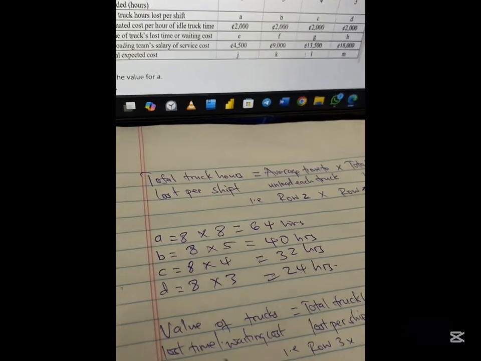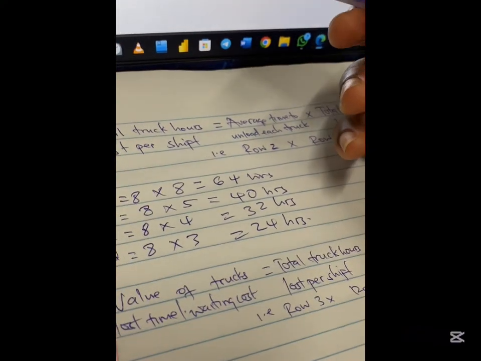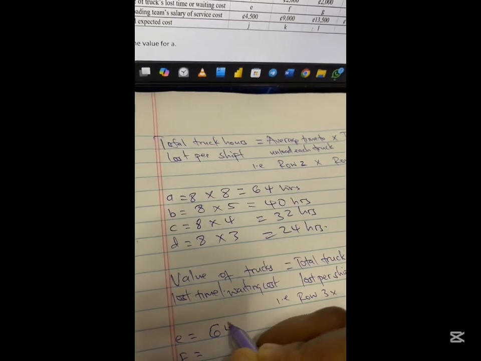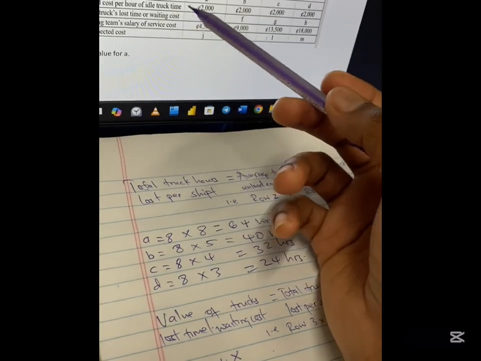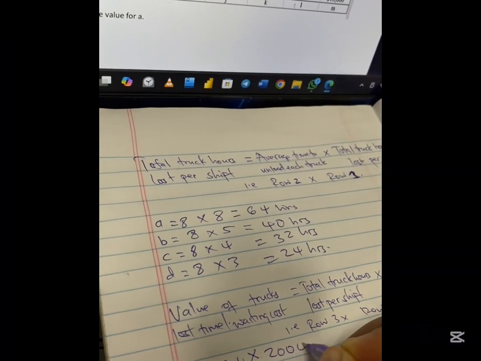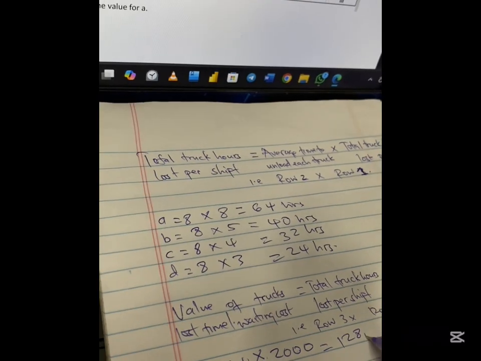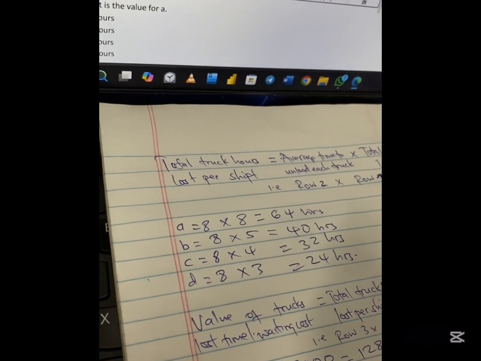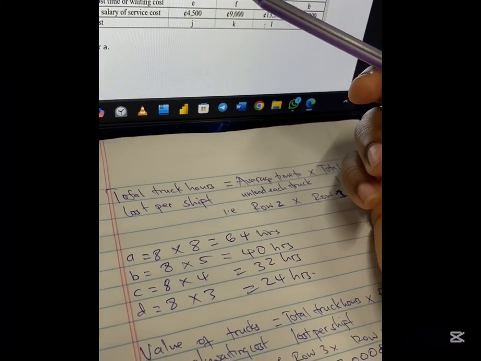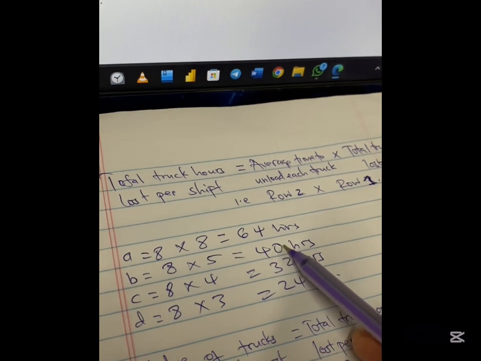So if we're calculating E, because we already know the formula, our value for E will be equal to A, which is 64, times the estimated cost per hour, which is 2,000. That will be equal to 128,000 cedis. To get the value for F, the same procedure: B times 2,000, and the value of B, we already have, is 40.